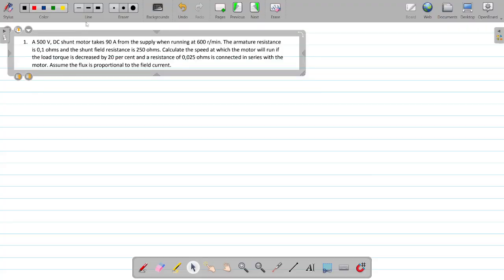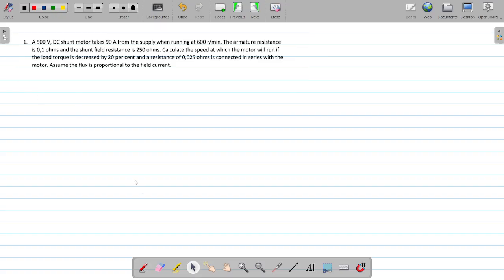So for this one, they've given us the following information. A 500 volt terminal voltage, 500 volts. It's a shunt motor. Here's our circuit: RA, RF. This is L1, IA1.